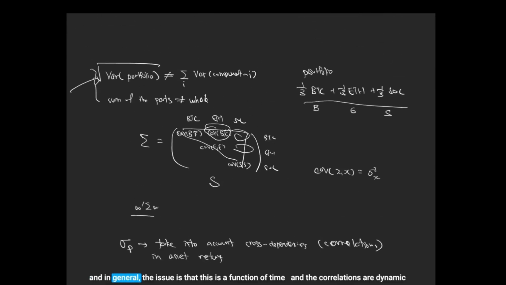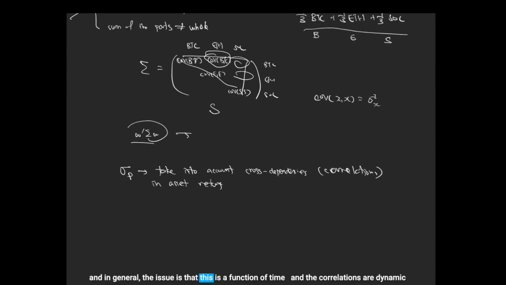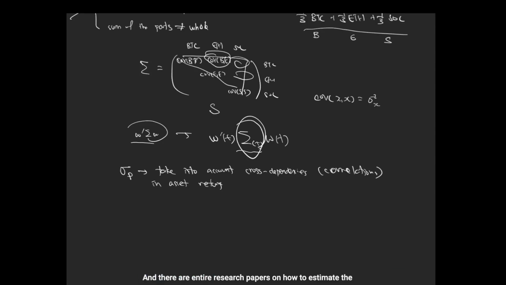And in general, the issue is that this is a function of time, and so is this a function of time, and the correlations are dynamic in nature. And trying to come up with a good model of this is already a huge problem in itself, and there are entire research papers on how to estimate the covariance matrix in a manner that is useful for portfolio management.